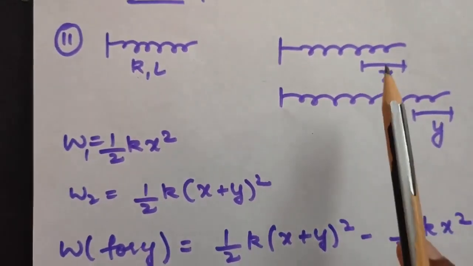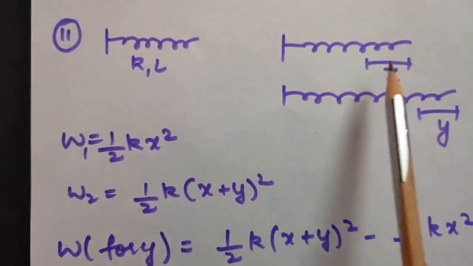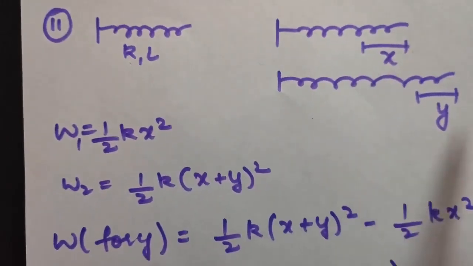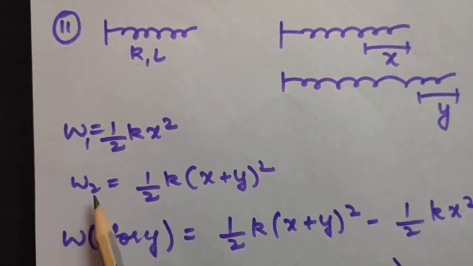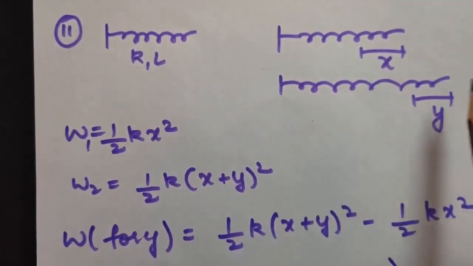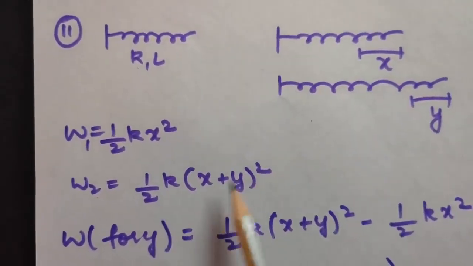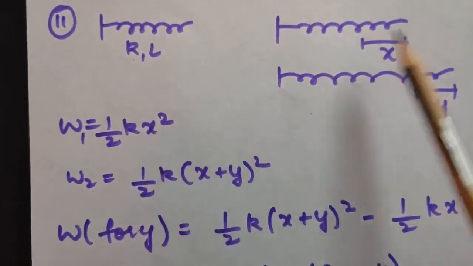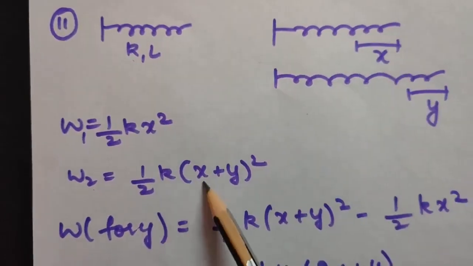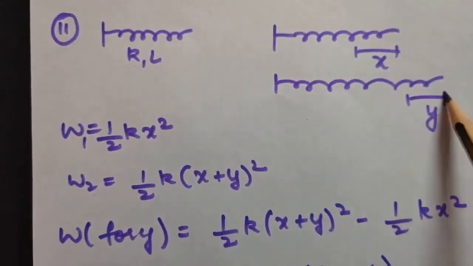So in the first case, work done will be half kx square because x is the displacement. In the second case, the total displacement is x plus y, so the total work done is half k x plus y whole square. Now look clearly here. This is the work done for x displacement. This is the work done for x plus y displacement.